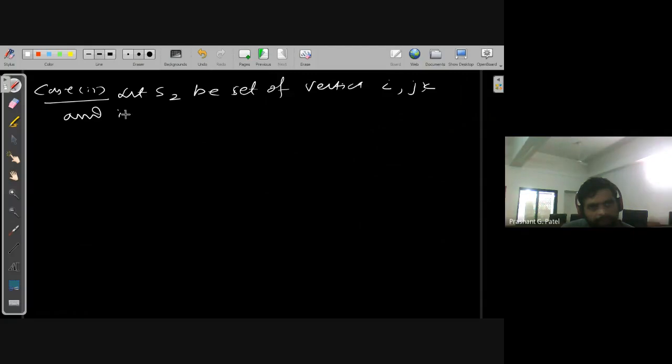So case number 2, let S2 be the set of vertices ijk and I dash j dash k dash that share two vertices and hence one common edge.